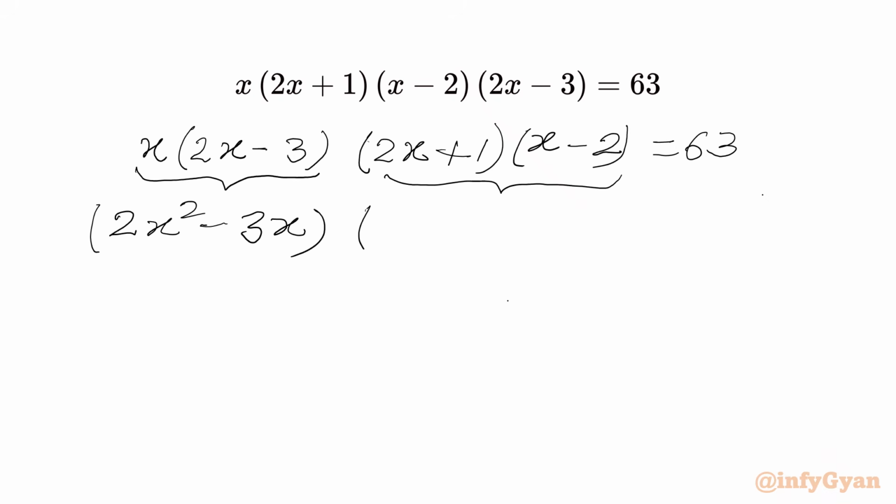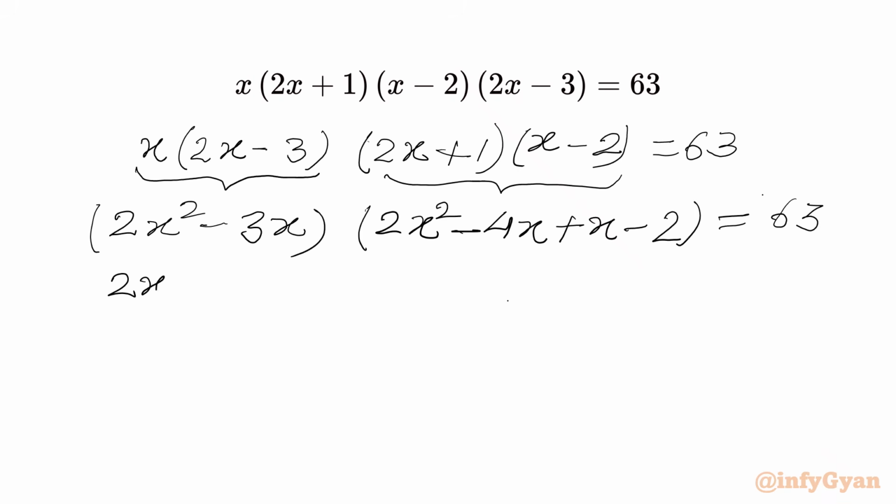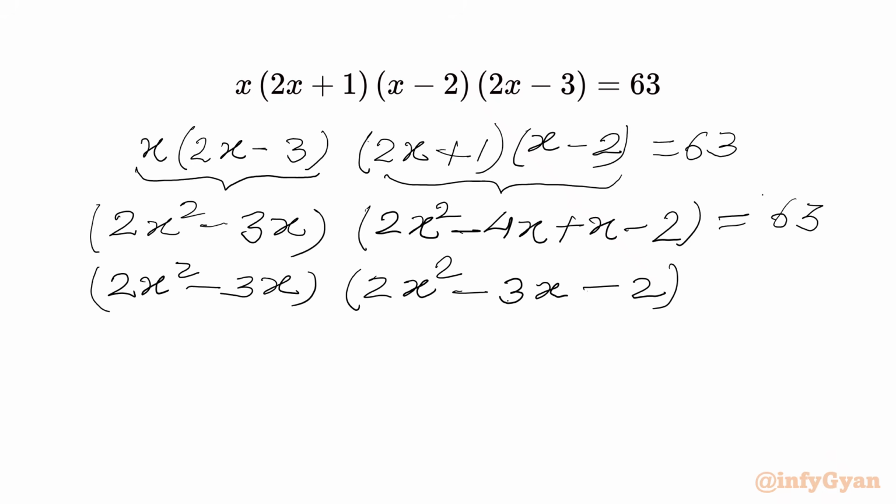In the other bracket, we'll get 2x square minus 4x plus x minus 2 equal to 63, which will become 2x square minus 3x times 2x square minus 3x minus 2 equal to 63.